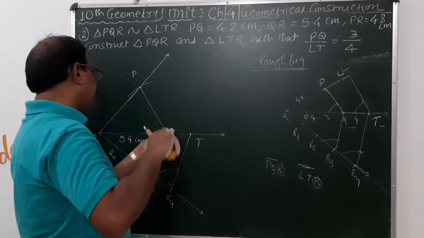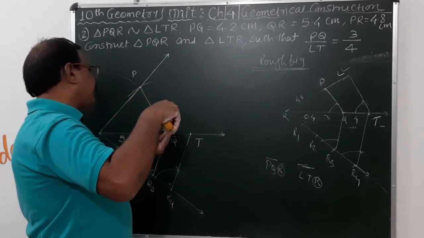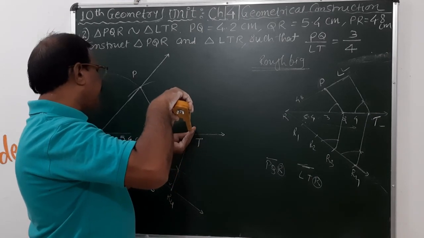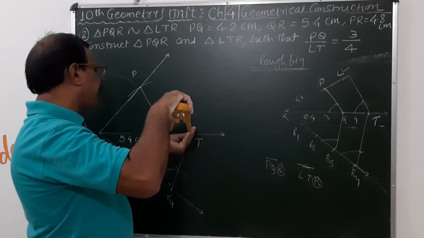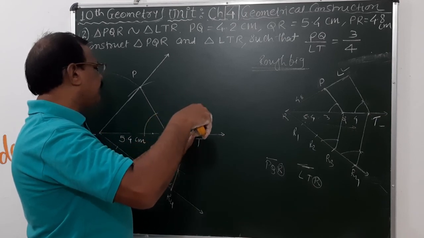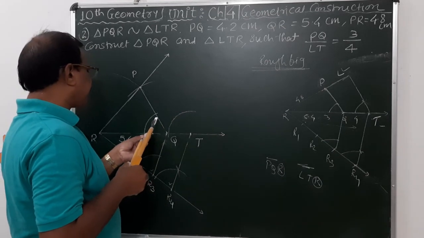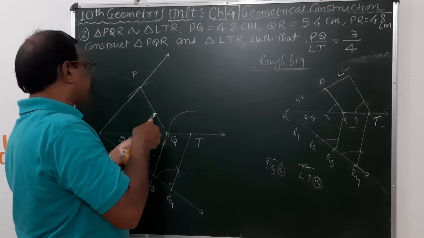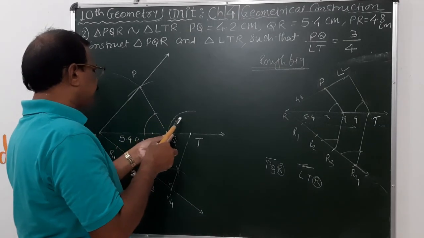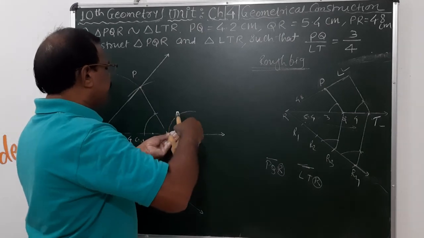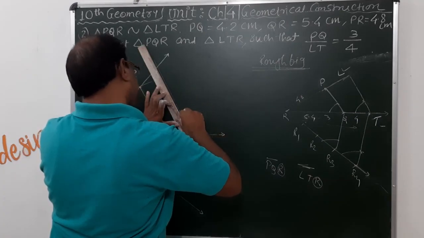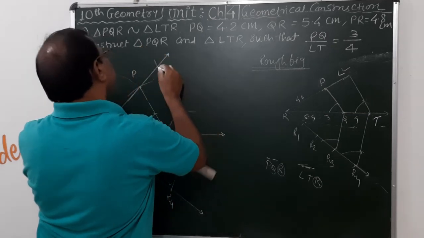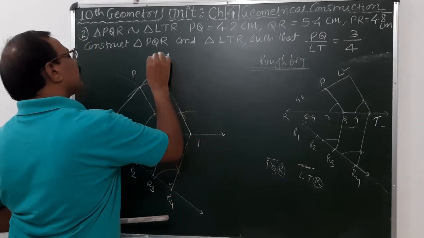We just draw a congruent angle here, so that this angle must be a corresponding angle, at this point here, and this point is nothing but your required point L.